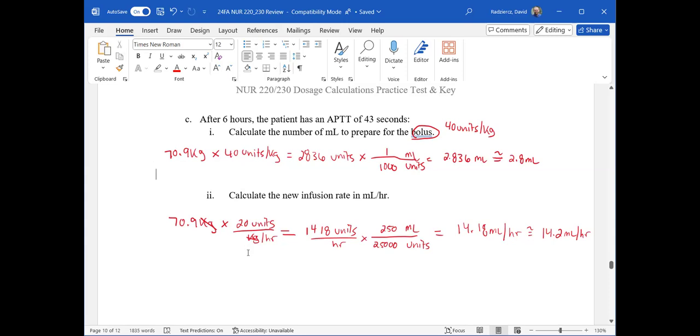Okay. The adding the 2 units per kilogram per hour, you add the 2 units per kilogram per hour to the 18 units per kilogram per hour that you started with, right? Because your initial infusion was 18, and now we're going to add 2 more. So 18 plus 2 is 20, and that's where that comes from. Oh, okay.